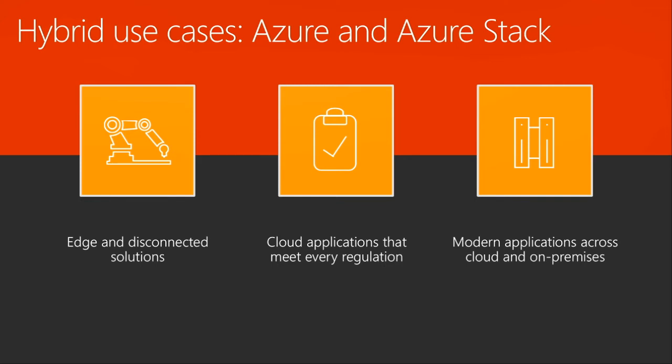You know, there was something kind of interesting through these calls. One of the things we learned, these first two categories, the edge and disconnected and the cloud that meets every regulation, we'll go into that. But the vast majority of customers in that category were customers already using Azure. These were Azure customers that had built Azure solutions and were in production with an Azure-based solution.